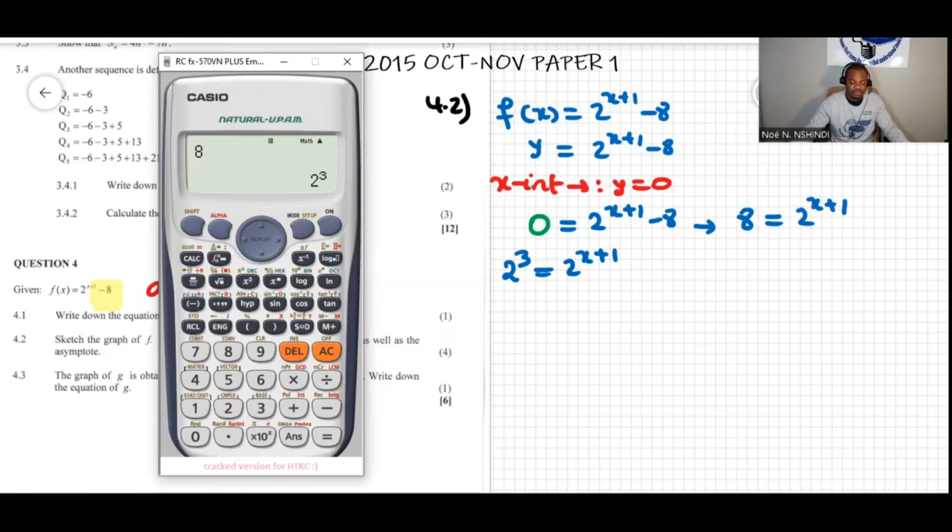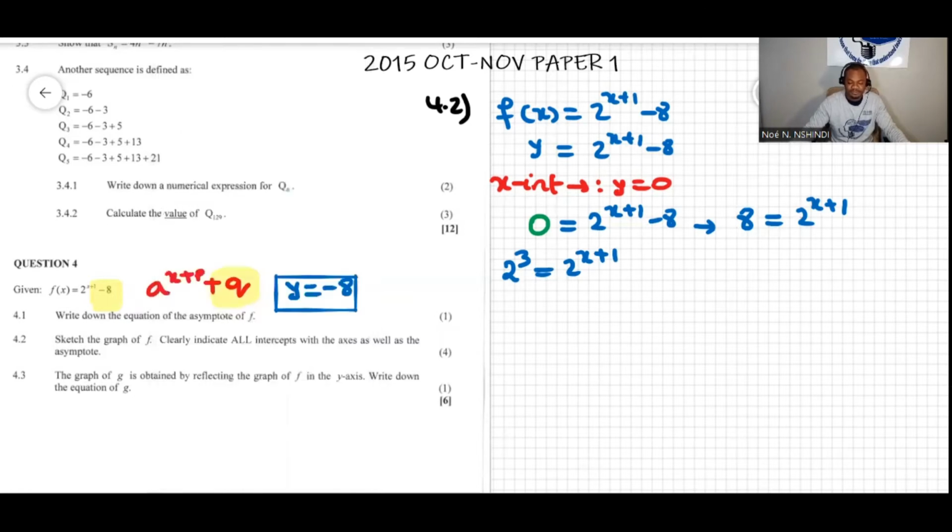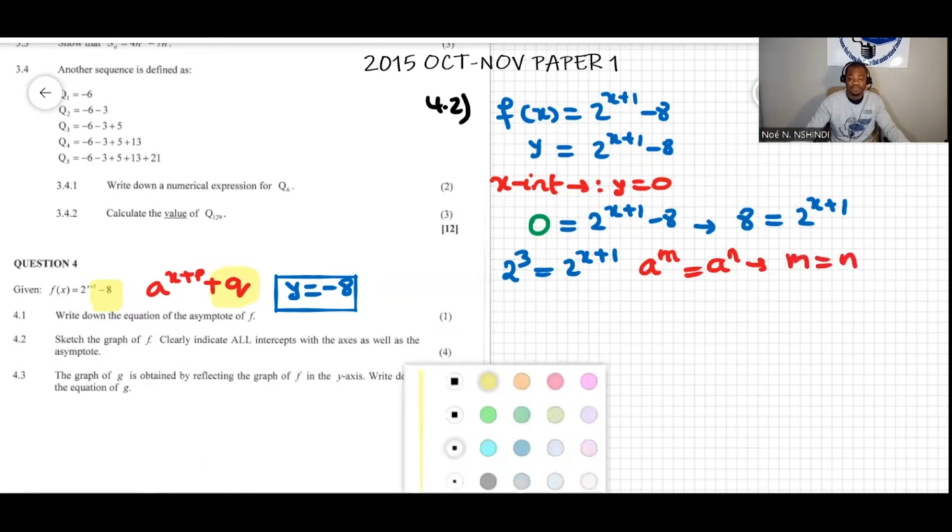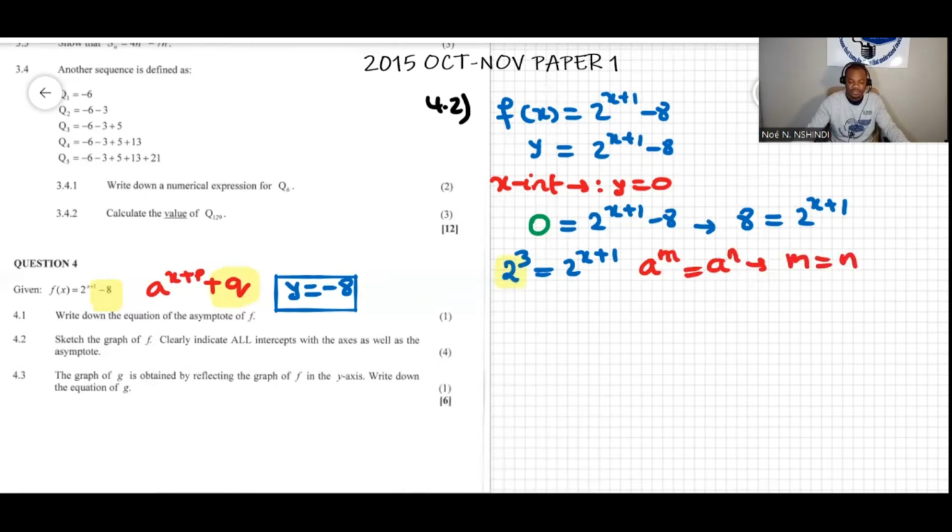Now, remember the law of exponents that says if a to the power of m equals a to the power of n, this implies that m equals n, because the bases are common. You have 2 and then you have 2 there. When the bases are common within an equation like that, we just drop the bases and equate the exponents.